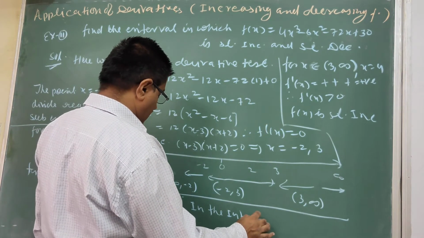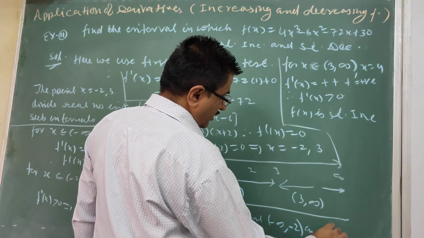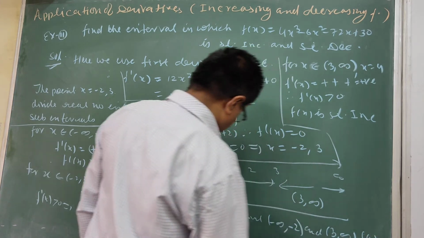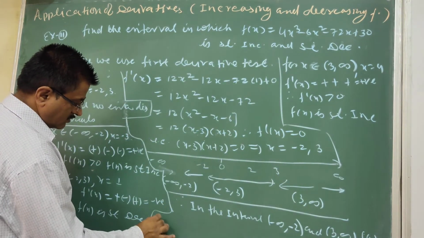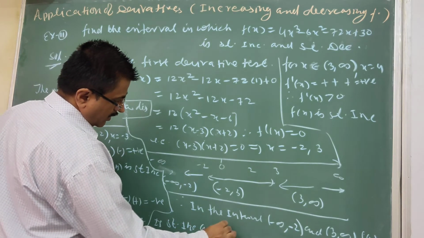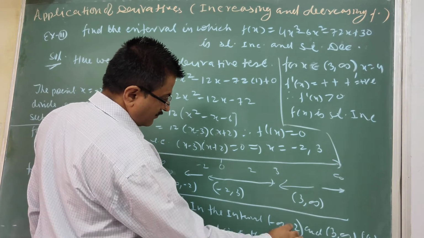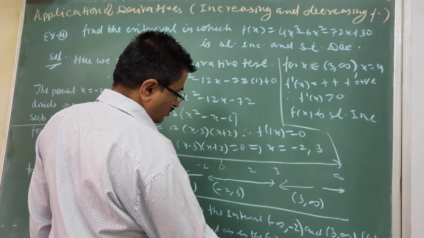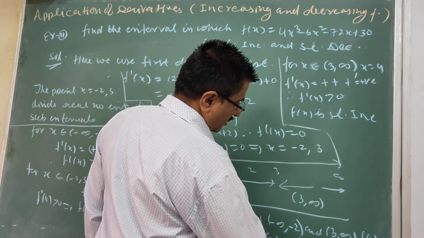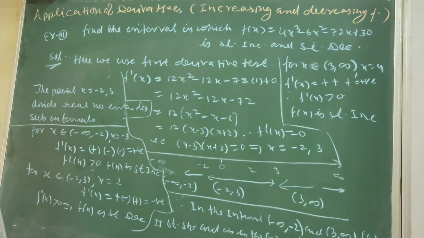So in the interval minus infinity to minus 2 and 3 to infinity, fx is strictly increasing, and in the interval minus 2 to 3, fx is strictly decreasing. So this answer you have to write.